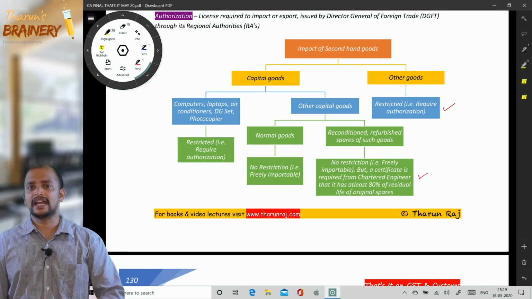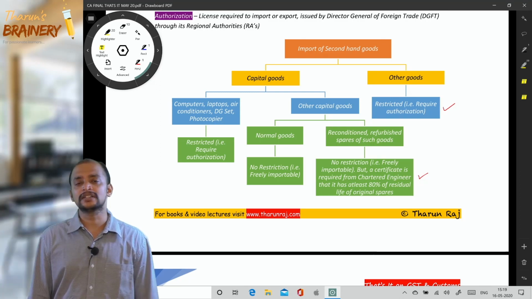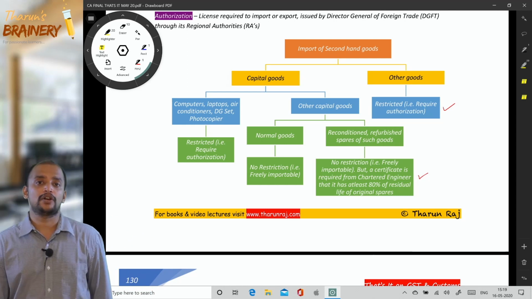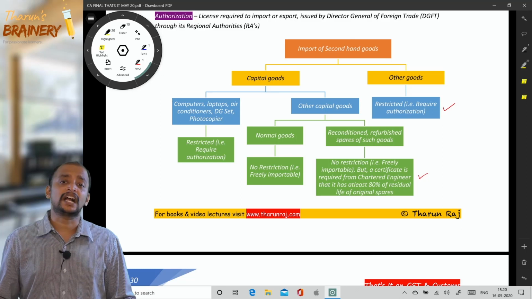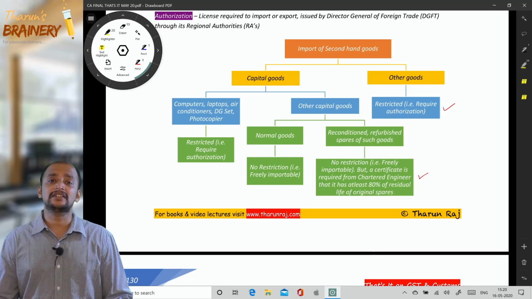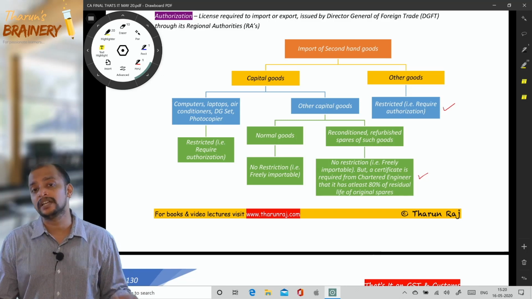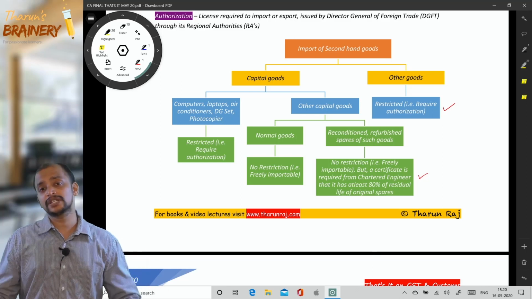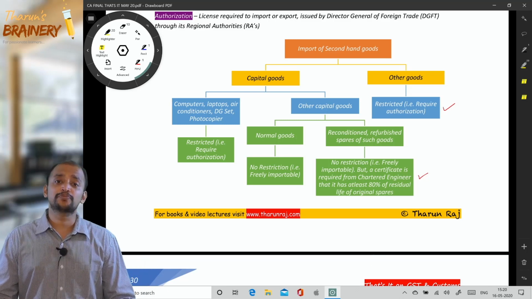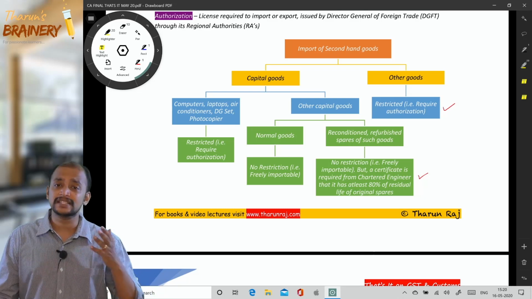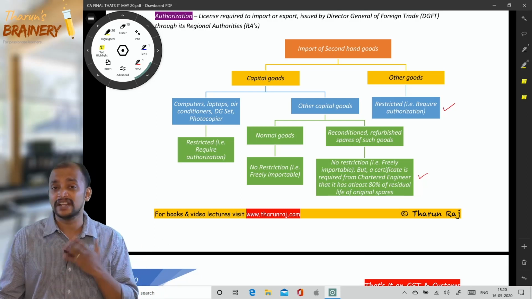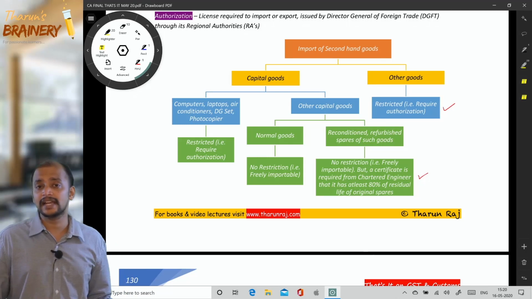Why have they put such a restriction for second-hand goods, even though its first hand may not require authorization? Because in the name of second-hand goods, computer waste and other hazardous waste should not enter India. So what will the developed countries try to do? They will try to export the waste which is not required there, because not every electrical waste is recyclable.